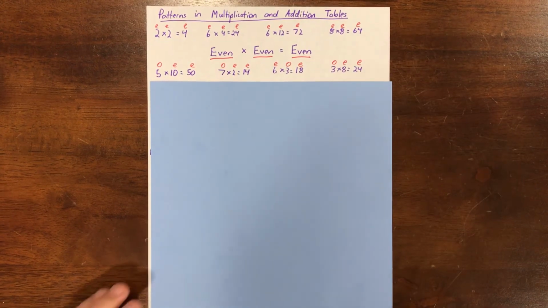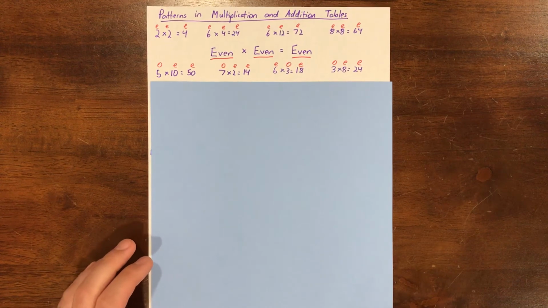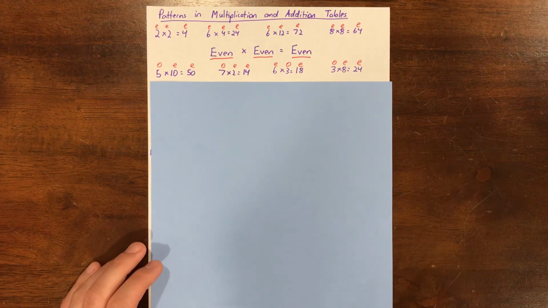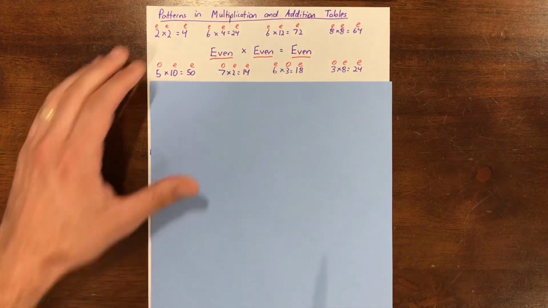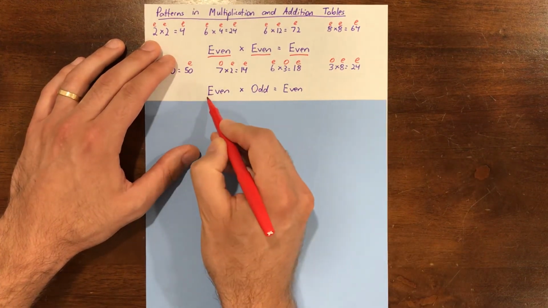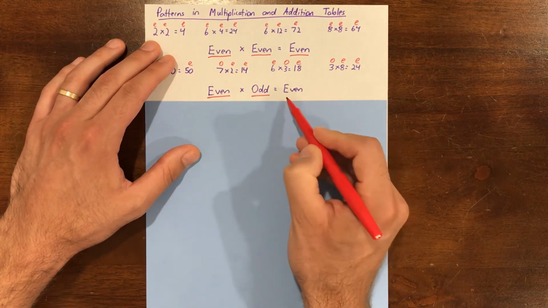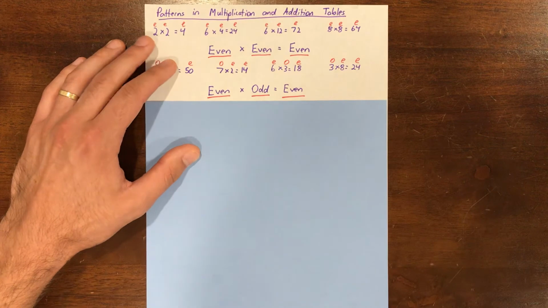Okay, so if we have even groups with an odd amount in each group, or odd groups with an even amount in each group, the total will always be even. Read this with me. Get ready? Go. Even times odd equals even.